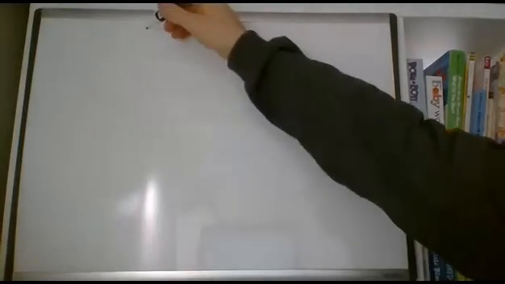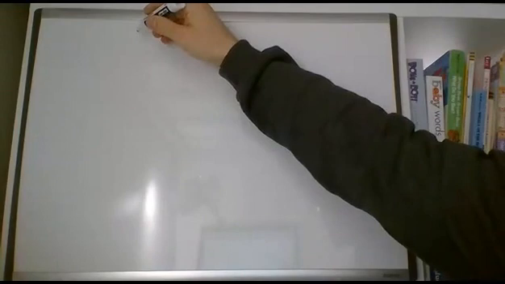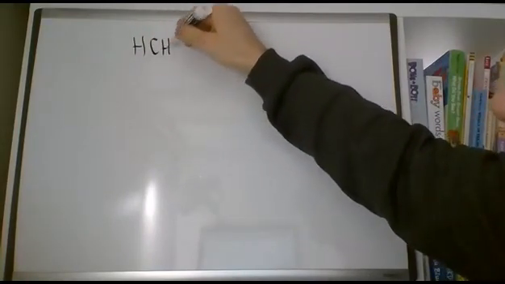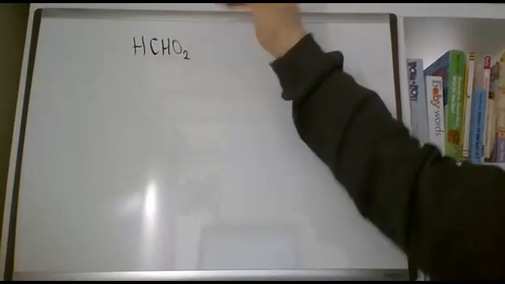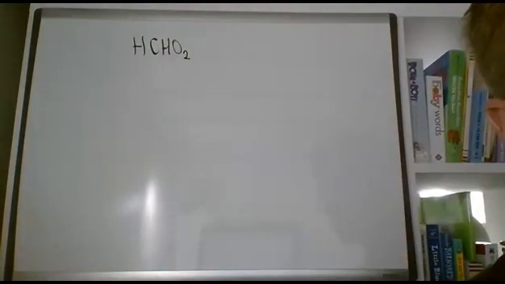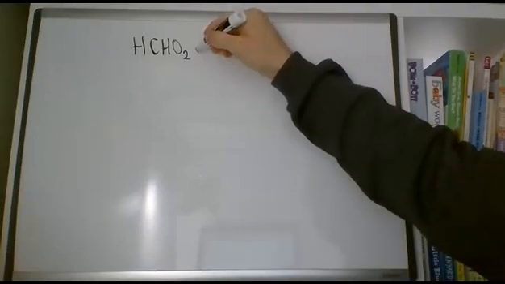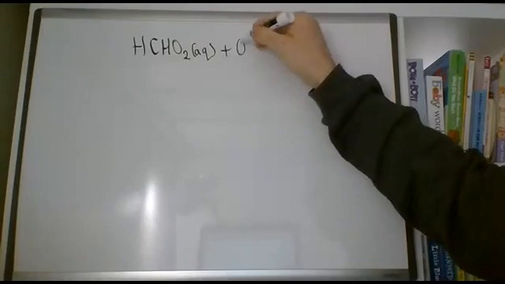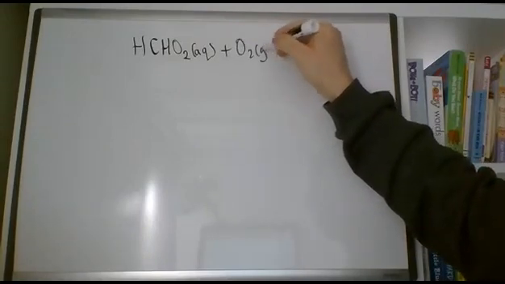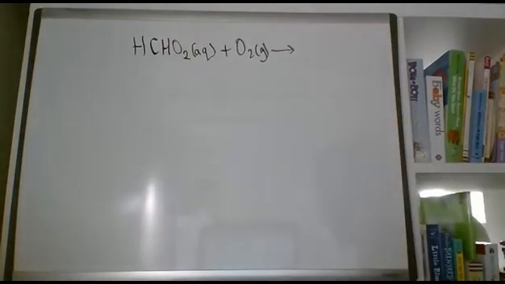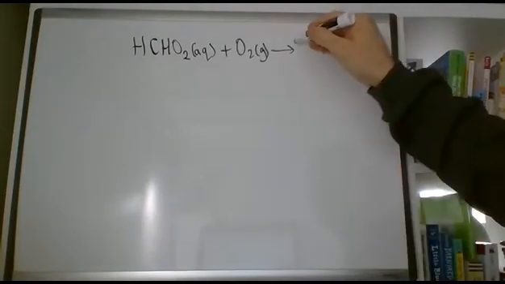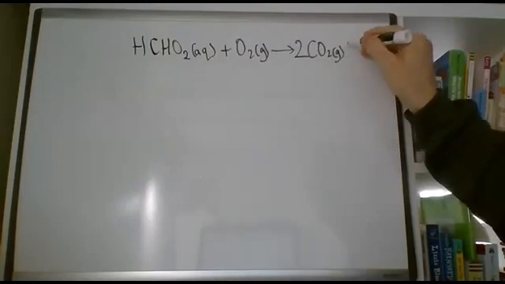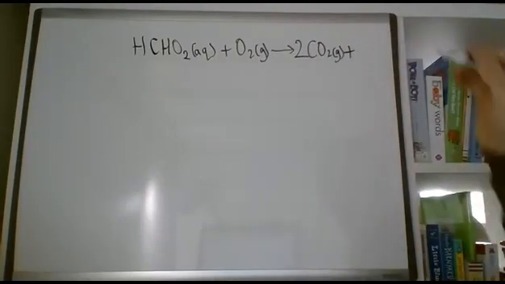Okay, so here we have a new equation. Formic acid, aq, that just means it's dissolved in water, plus molecular oxygen gives 2 moles of CO2 and 2 moles of water.